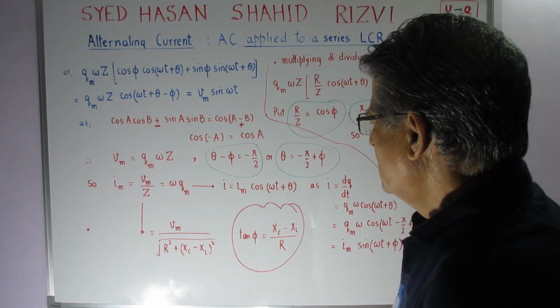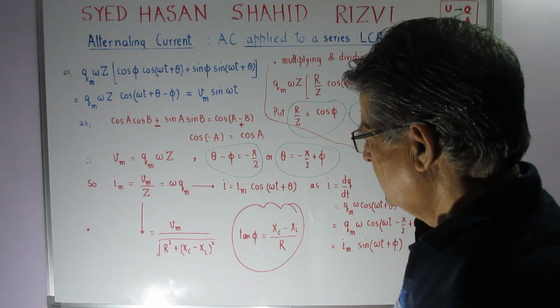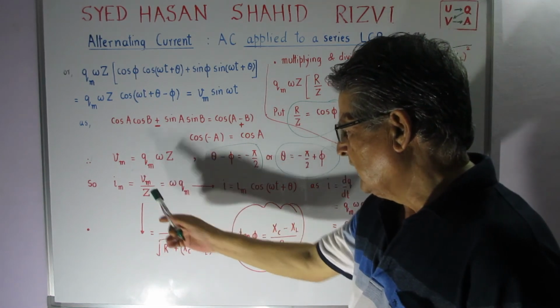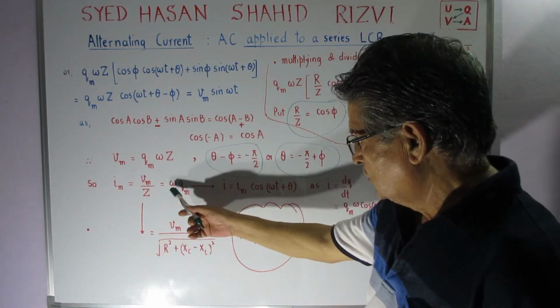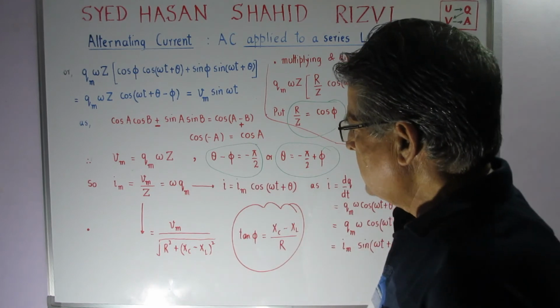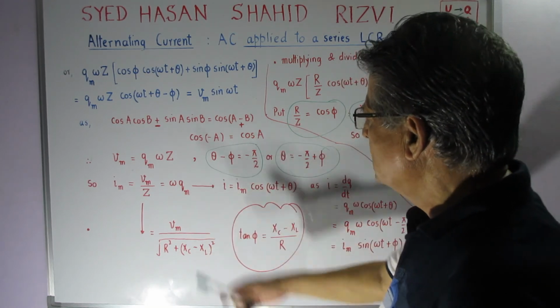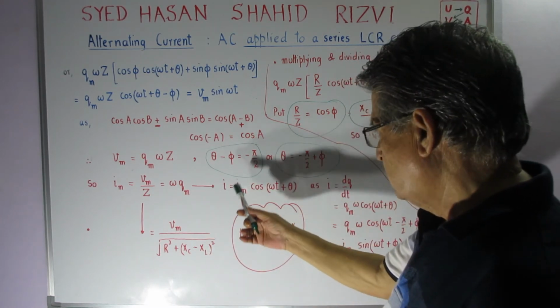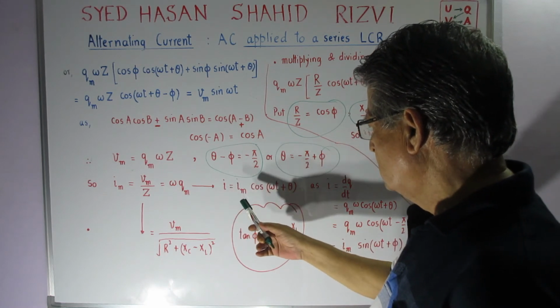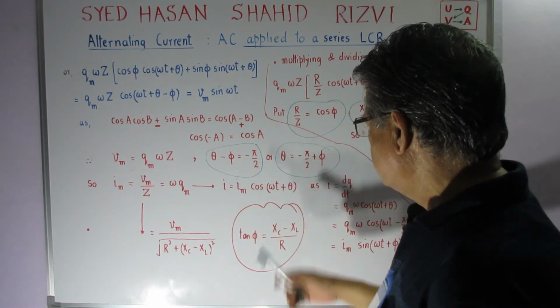This we can substitute, and what I obtain is that Im is equal to Vm upon Z. This is equal to Qm into omega, so that the equation becomes I is equal to Im cos of omega t plus phi.